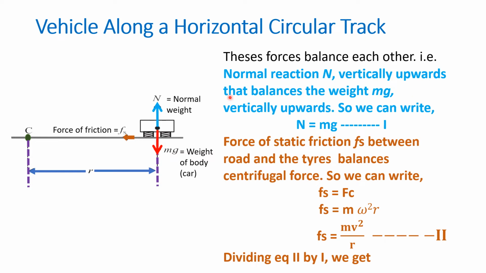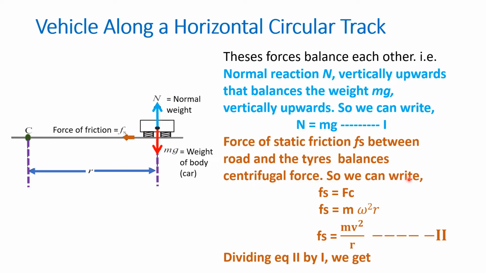From the diagram, we can see that these forces balance each other. The normal reaction, which acts vertically upwards, balances mg, which acts vertically downward. So we get equation 1 as N is equal to mg. Also the force of static friction between the road and the tire always acts towards the center, which is equal to the centripetal force, or it balances the centrifugal force.